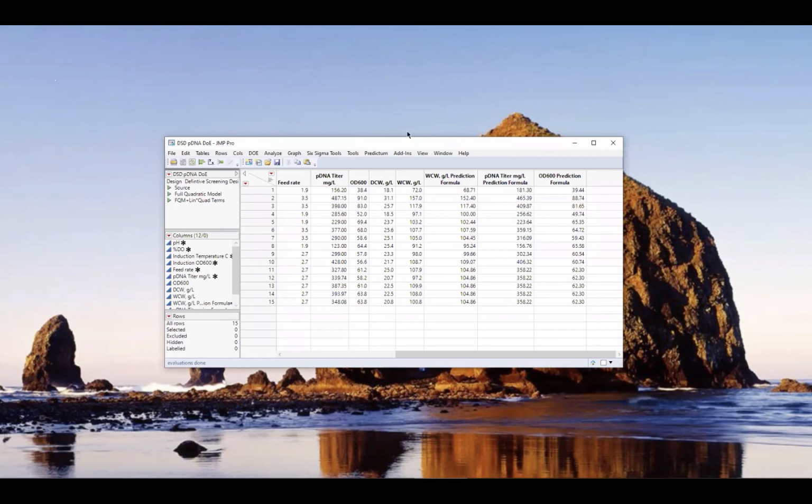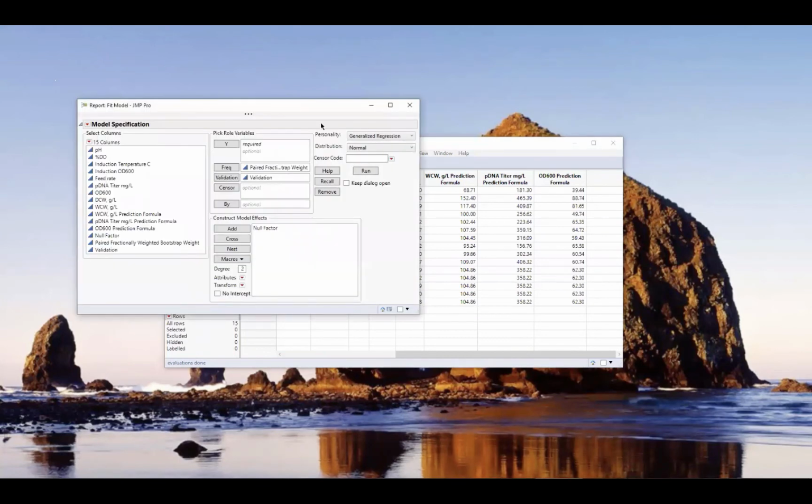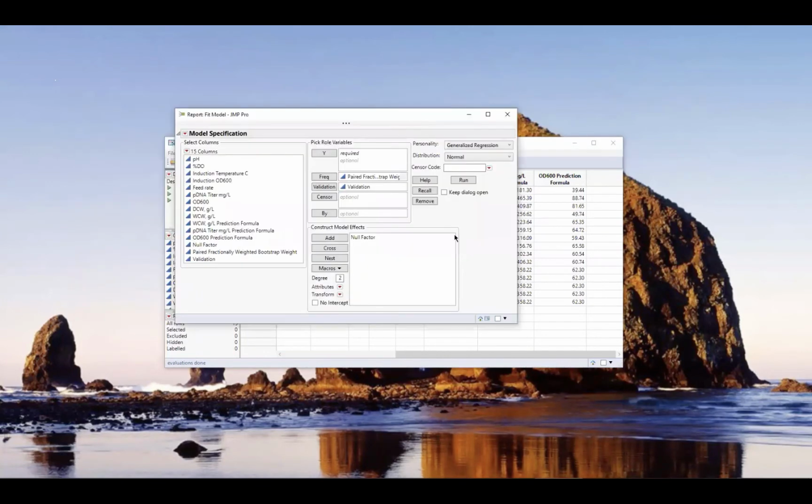So I have installed the product. Under the Predictum tab, I am going to select self-validating ensemble modeling. Okay. In the background, the auto-validation set has been created. You can access it if you want to, but it is not necessary.